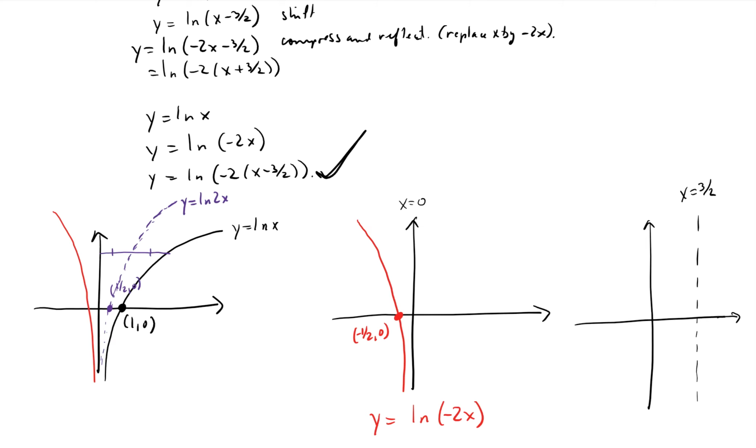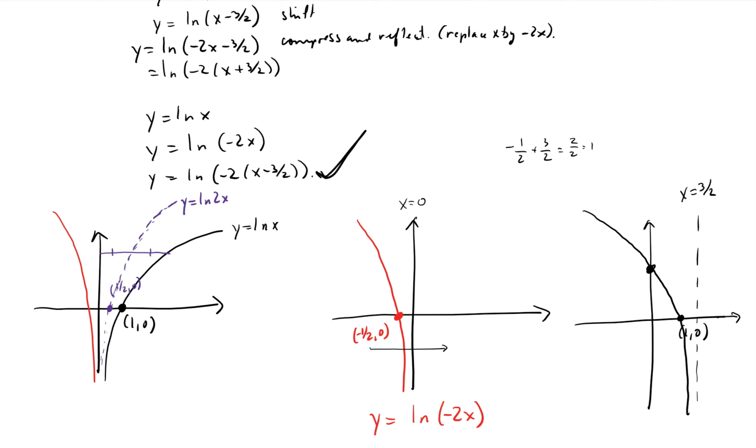Remember that this is what we had calculated at the beginning of the problem: the vertical asymptote should be x equals 3.5. If I shift this point by 3.5, it's going to end up where? Minus 1/2 plus 3.5. That's 3, which is... that's 2/2, which is 1. So it's going to end up at 1, 0. So our graph is going to look like this.